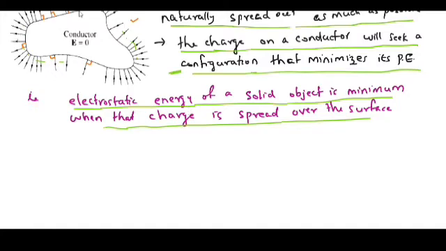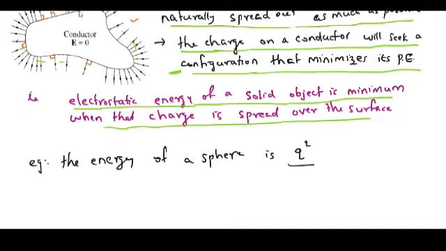The energy of a sphere. We have seen that the energy of a spherical shell, or the energy of the surface of the sphere, is equal to q square divided by 8 pi epsilon 0 r.